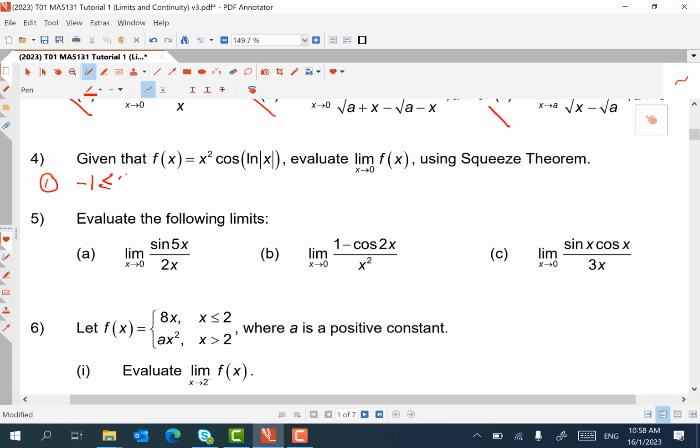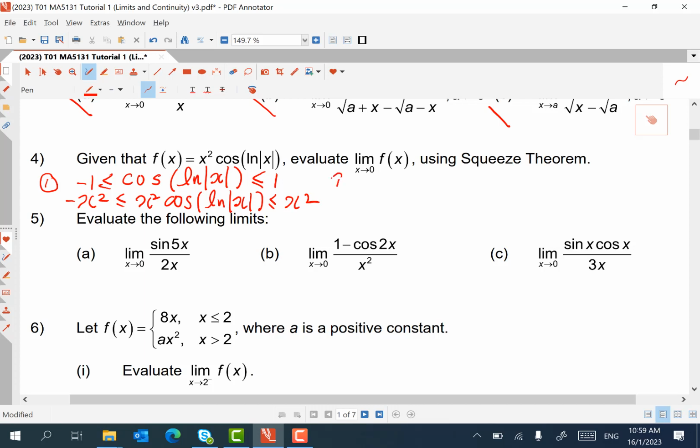It must say explicitly, this is minus x squared. So the first thing you do is to establish the inequality.